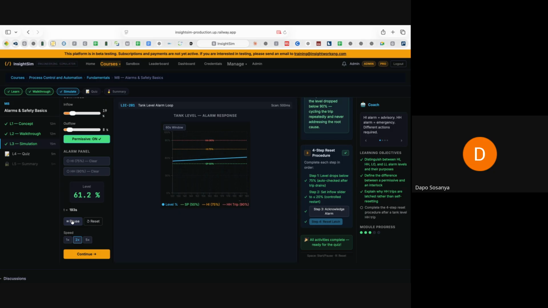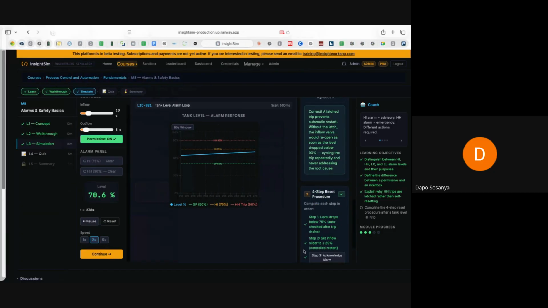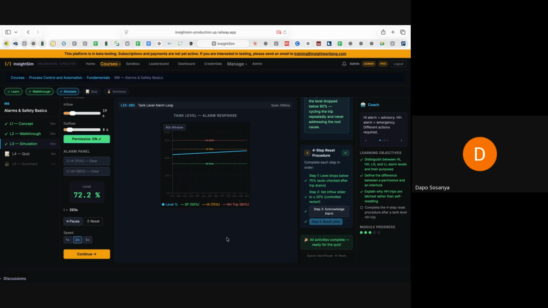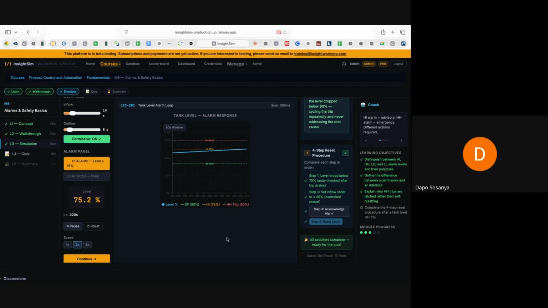Let me see what is happening. Let me just see where it's going to stop, because the inflow. Okay, you can see what is happening there, right?